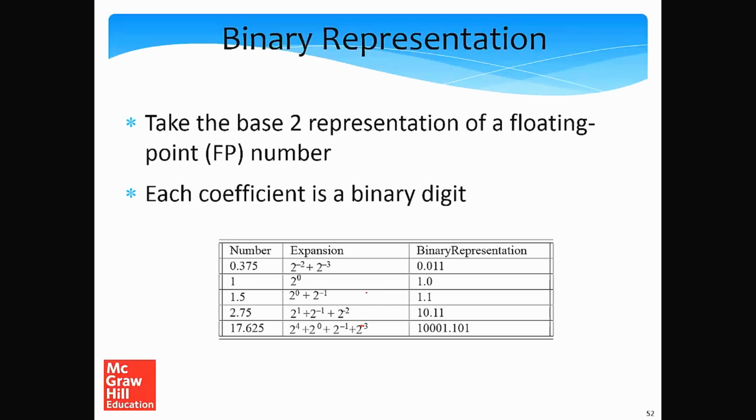And pretty much any base 10 number has an equivalent base 2 expression, which is just a binary representation of the number. So if you consider 10.11, in decimal this would be 2 plus 0.1, which is 2 to the power minus 1, which is 0.5, plus 0.25, which is 2 plus 0.75, or 2.75.